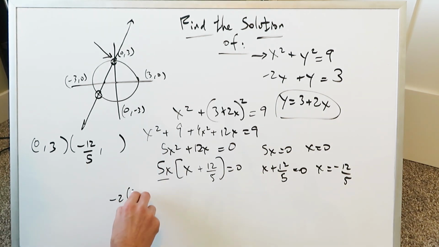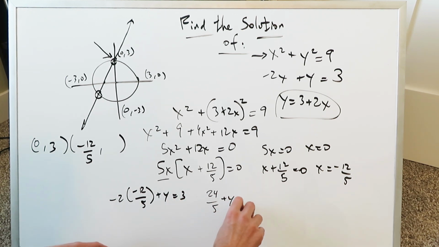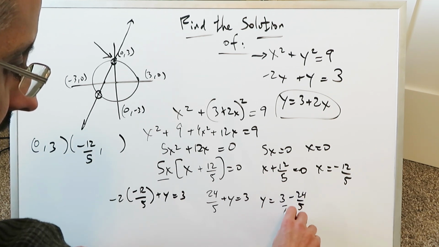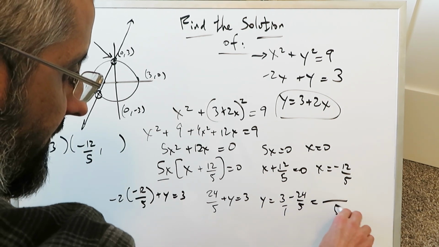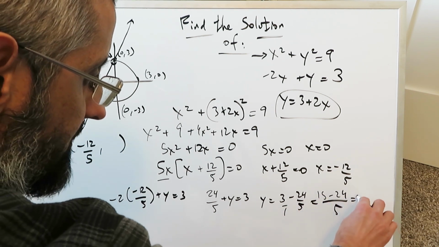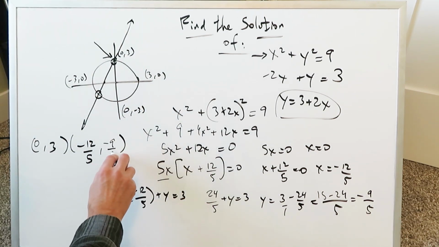You have minus 2 times minus 12 over 5 plus y equals 3. You have here a 24 over 5 plus y equals 3, and then y is equal to 3 minus 24 over 5. You have a common denominator here of a 5. You'll have 15 minus 24 over 5, which is minus 9 over 5. And that's your other point, minus 9 over 5.